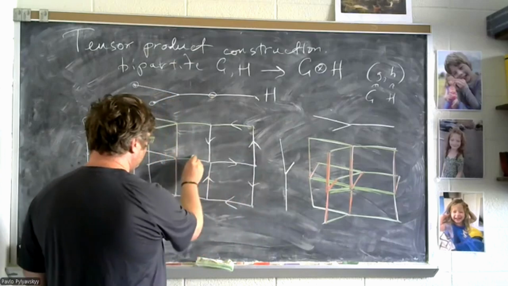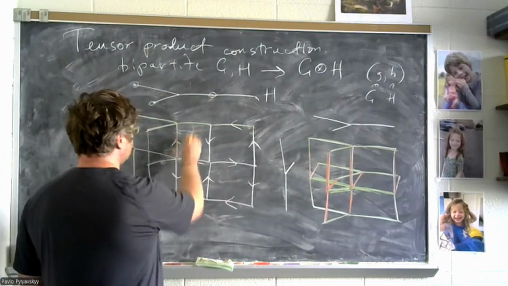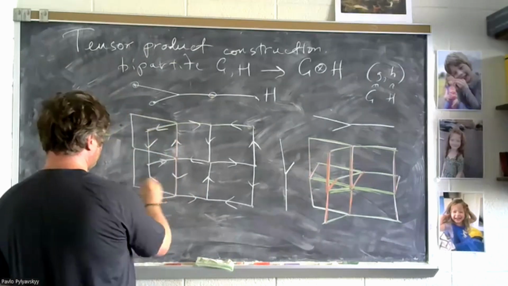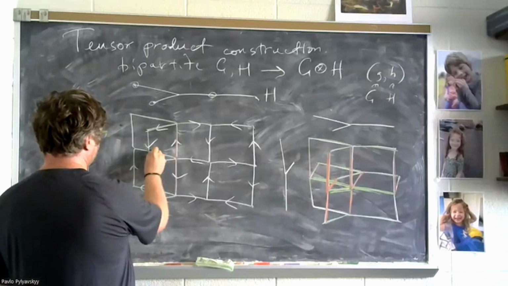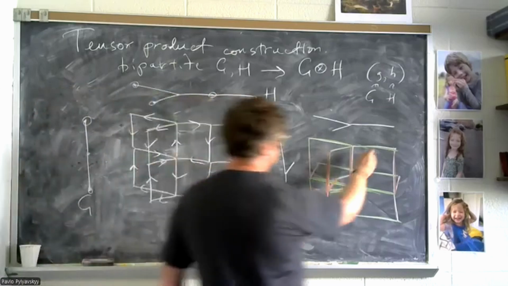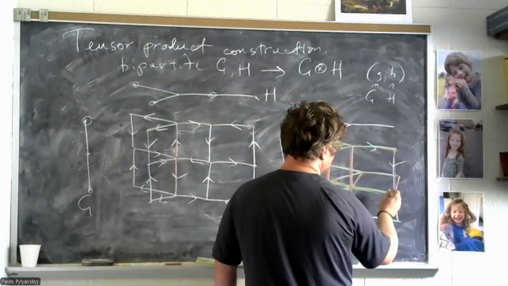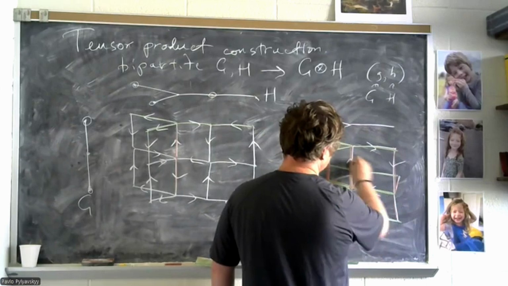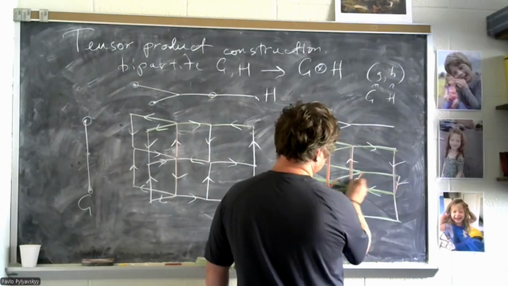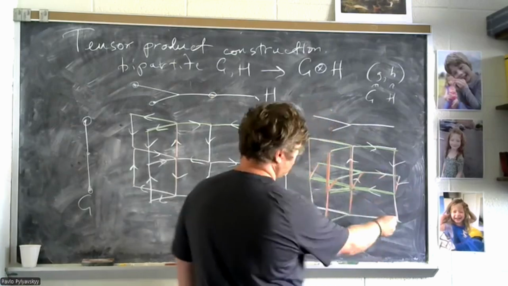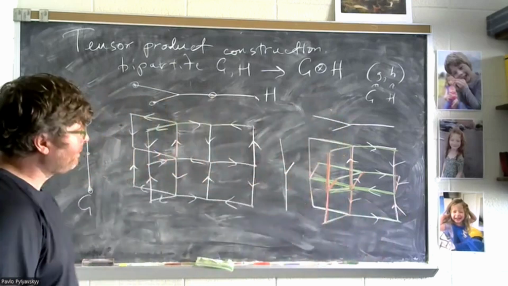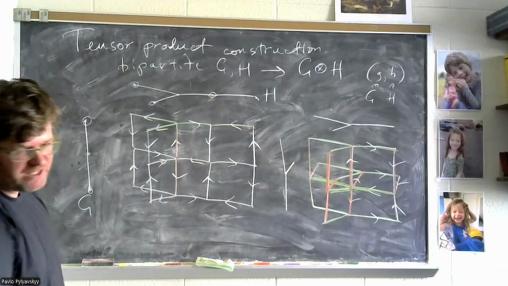There's lots and lots of little oriented squares. And you can do it here too. Keep going. Okay, so that's the tensor product construction.